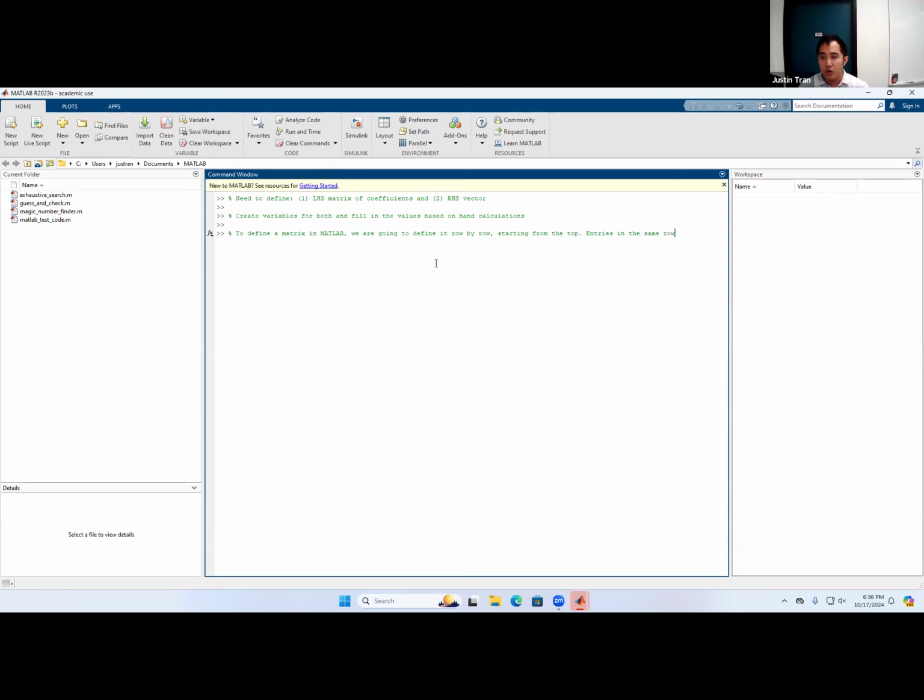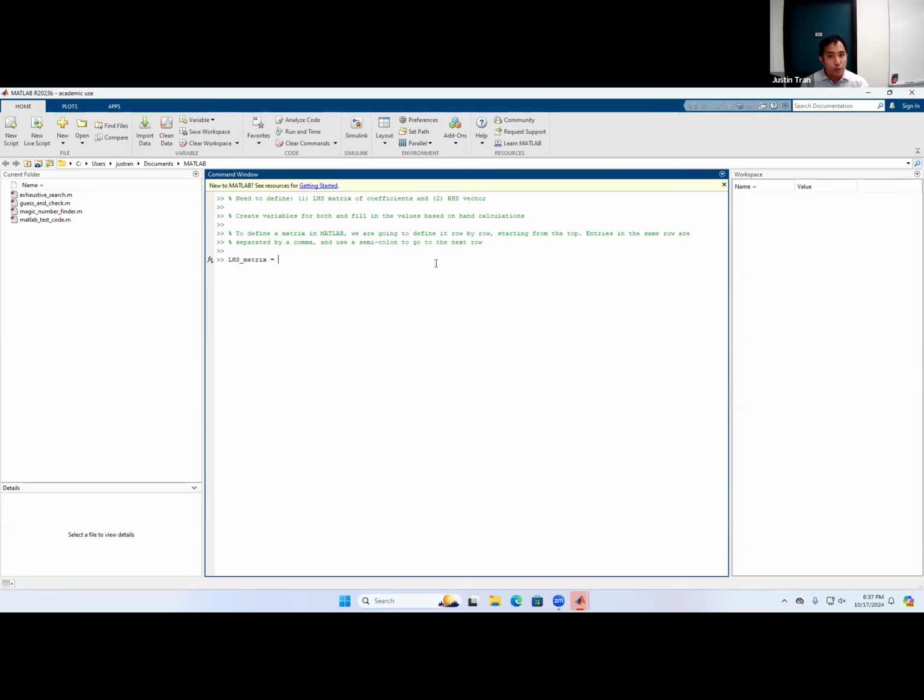Entries in the same row are separated by a comma, and use a semicolon to go to the next row, okay? So there's probably dozens of different ways to define a matrix in MATLAB. I think for the purposes of our class, this is kind of the easiest and most direct method to do that, okay? Okay, let me go ahead and define my variable here, so LHS matrix, okay?